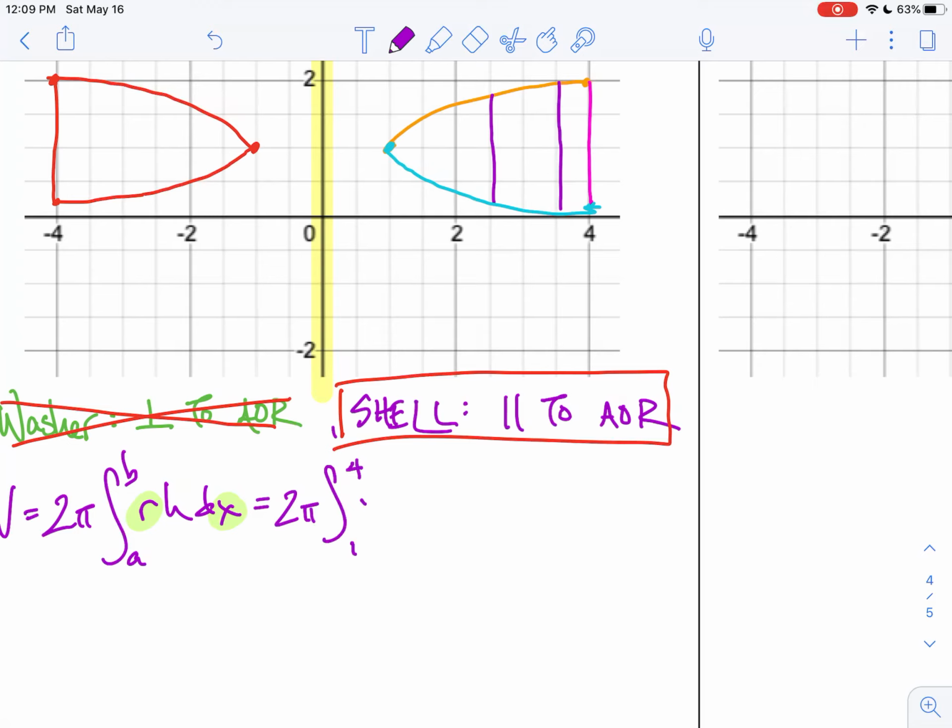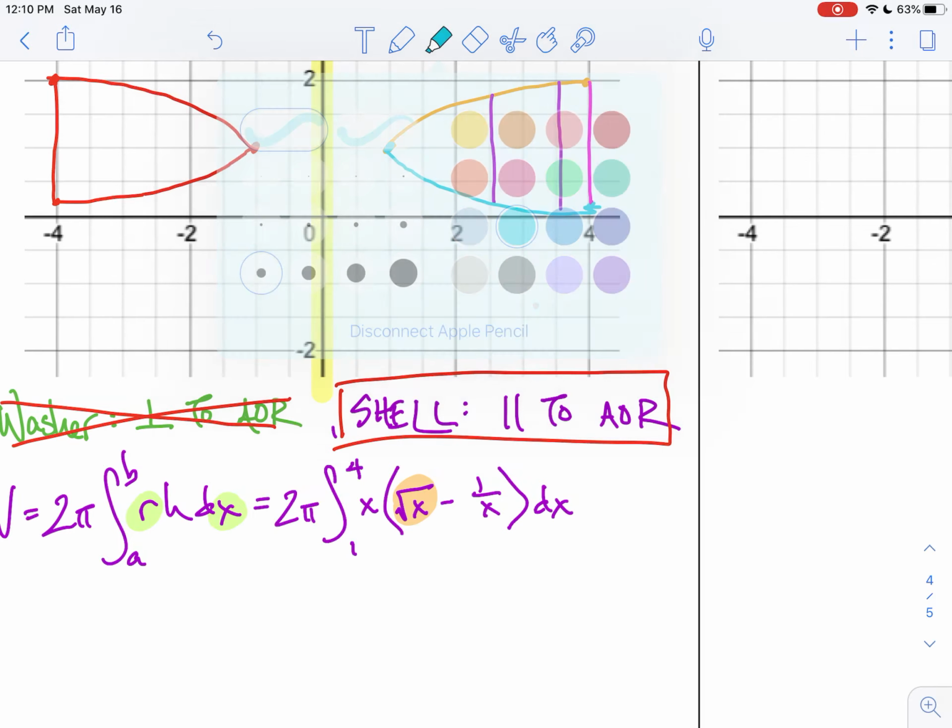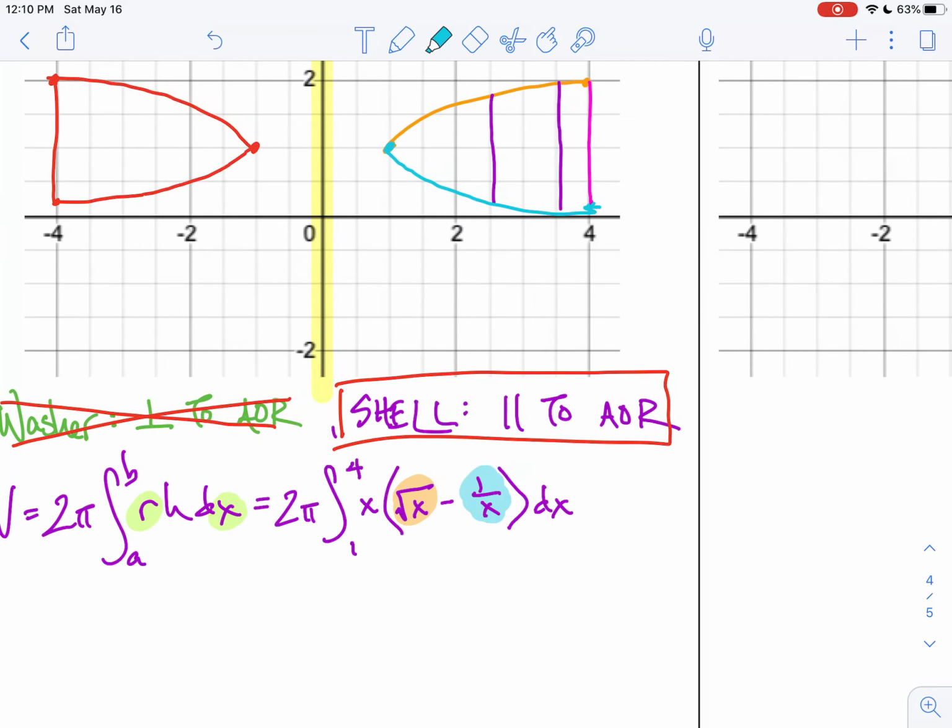That means I can fill in an x for my r, and my height is going to be this top curve minus the bottom curve. So this is my top curve, and this is my bottom curve.